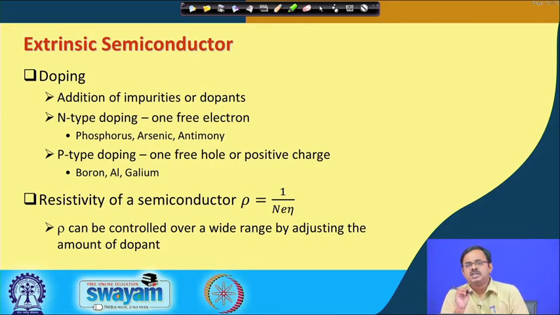These impurities are also called dopants, and the whole process of intentionally introducing these impurities into the pure material is known as doping. So, we have doped silicon, where the silicon has minute traces of some other elements.